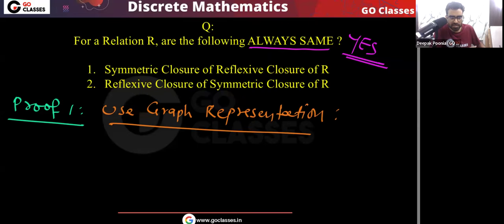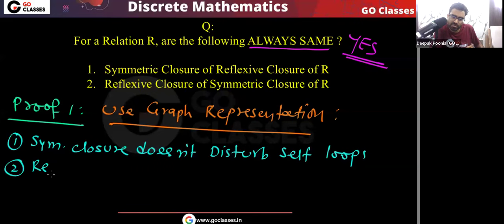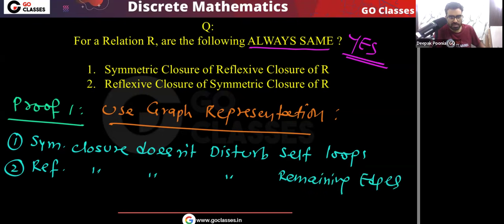Use the graph representation, and you can easily see that symmetric closure doesn't disturb self loops, and reflexive closure doesn't disturb the remaining edges except self loops. So they do not interfere with each other.